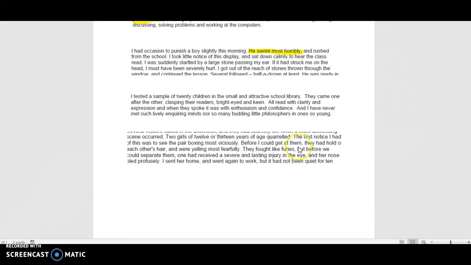In source A, this suggests that the children in this school are really enthusiastic about learning and enjoy reading. Whereas in source B, it could be that the children aren't interested in learning at all and are more interested in fighting and arguing with each other, something like that.